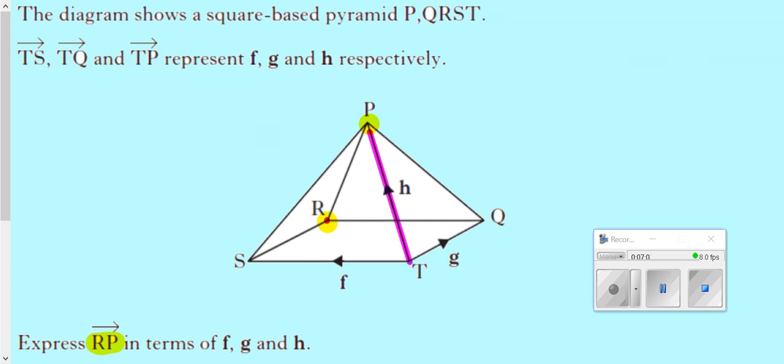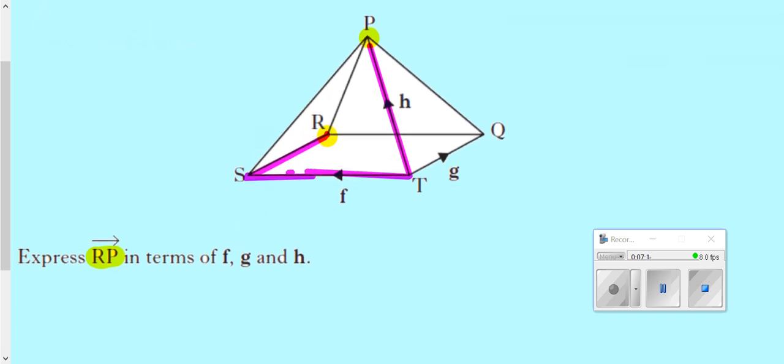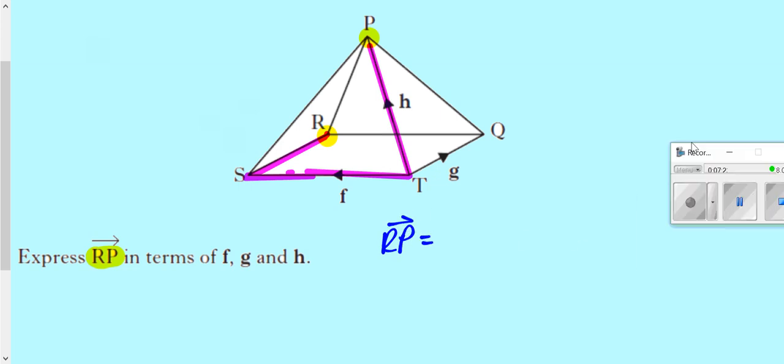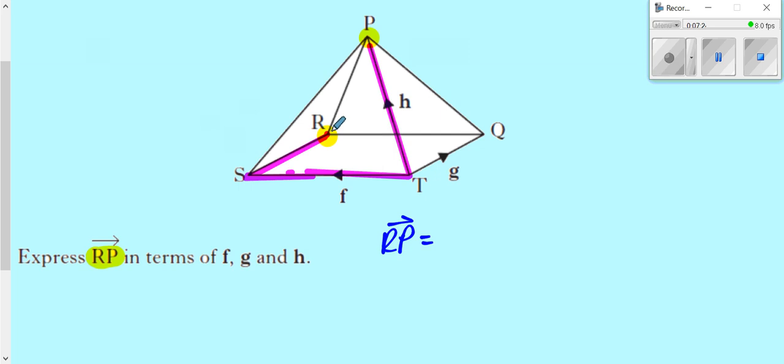So I know that's f, so I can use that. And I know that that one there, g, is the same as this one here. So let's write this out. I'm starting at r. So r to p is going to be the same as going from r to s, and then going from s to t, and then going from t to p.